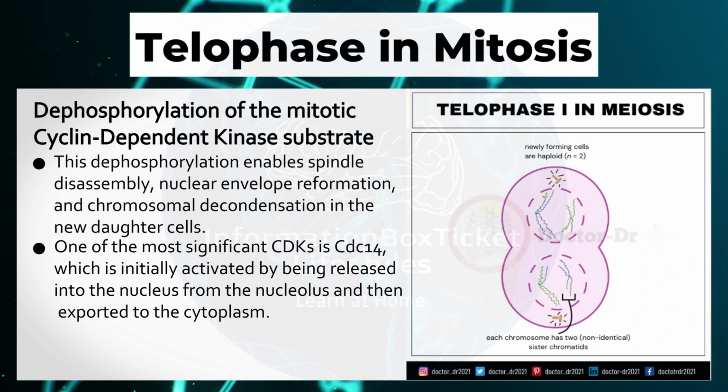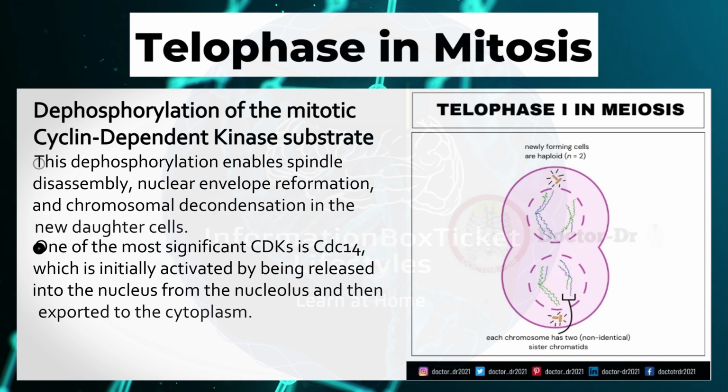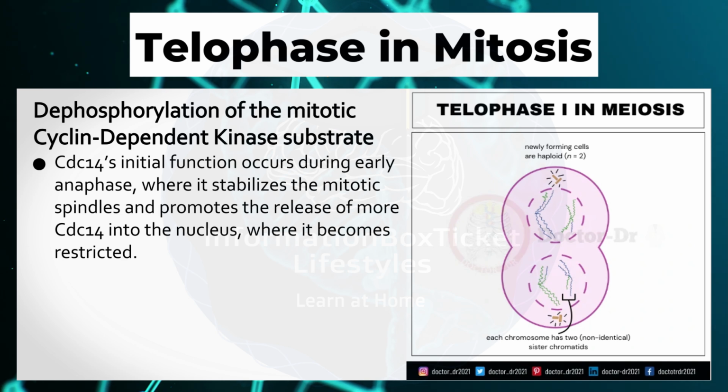One of the most significant cyclin-dependent kinases is cell division cycle 14, which is initially activated by being released into the nucleus from the nucleolus and then exported to the cytoplasm. Cell division cycle 14's initial function occurs during early anaphase, where it stabilizes the mitotic spindles and promotes the release of more cell division cycle 14 into the nucleus, where it becomes restricted.